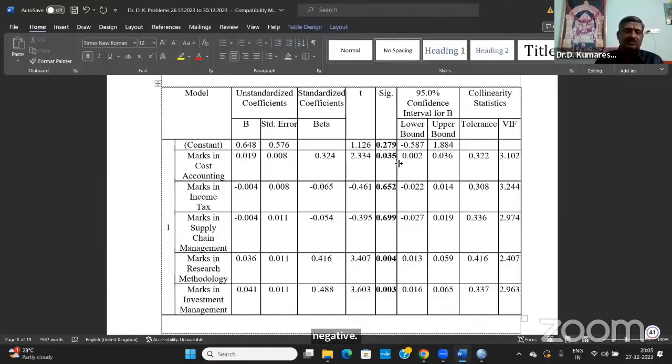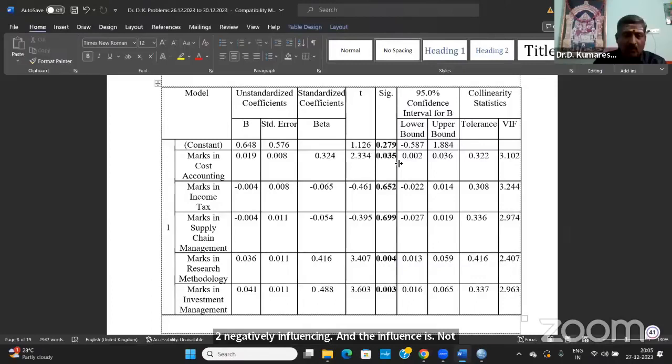So x1 is influencing positively at 5% level. X2 is negatively influencing, and the influence is not significant.